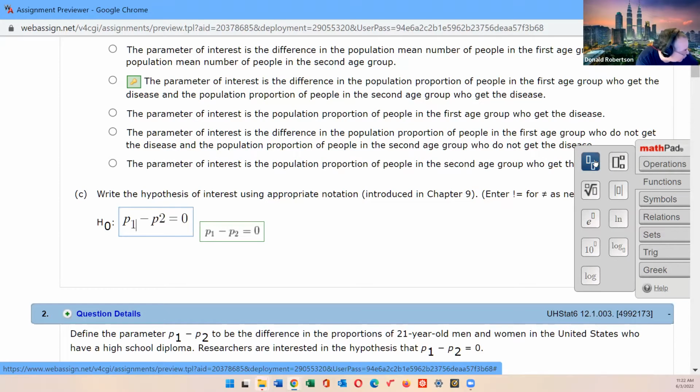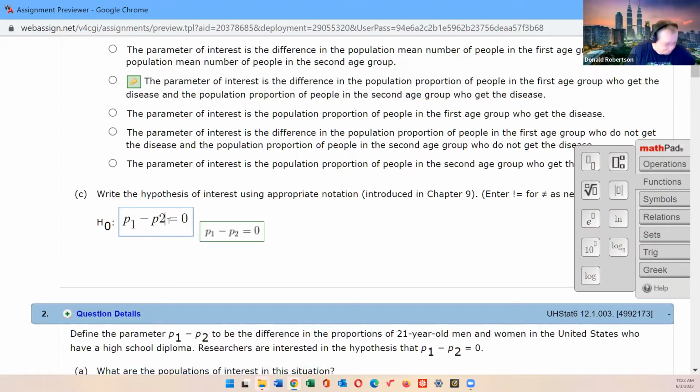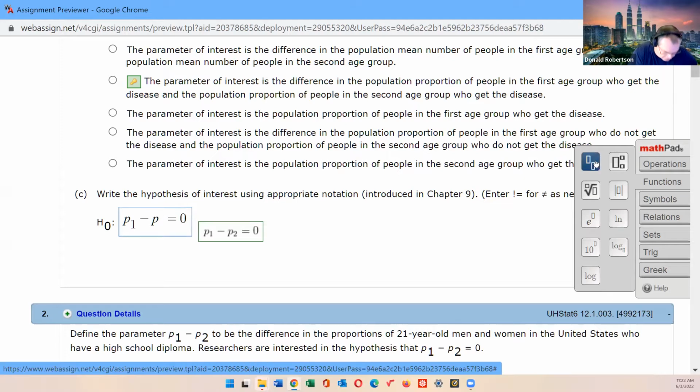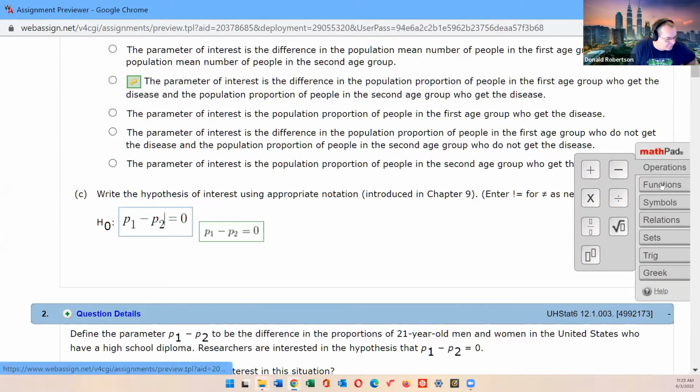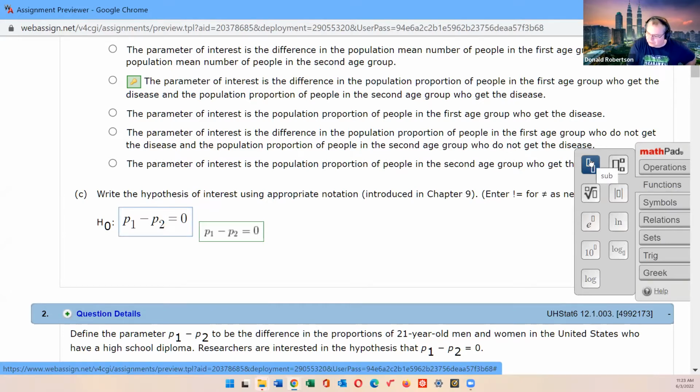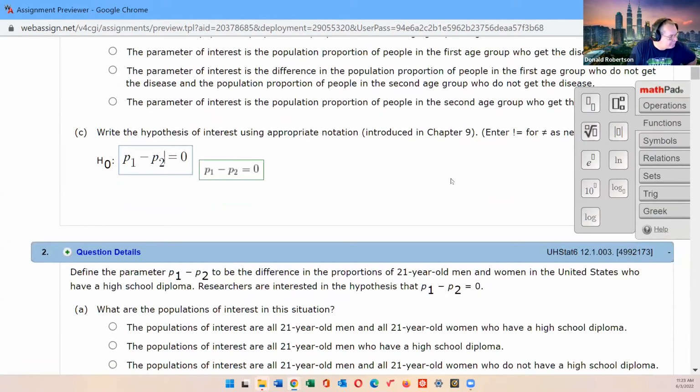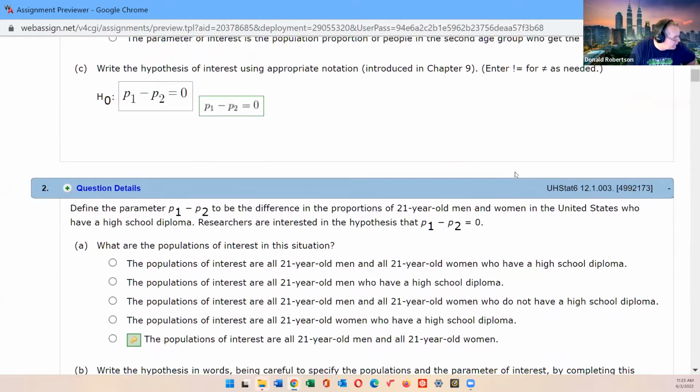Click on it, put a 1. Subscript's a fancy name for it. Click on it and put a 2. You see how you type it? Subscript is functions, top left-hand button. That's how you get the P1s and P2s and N1s and any other letter that they give you. Good question. Glad you brought that up.